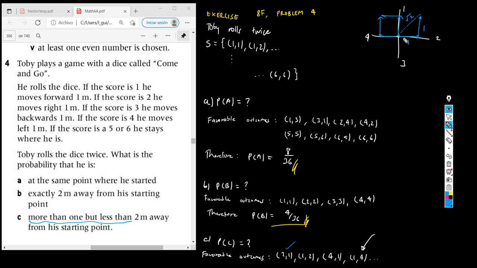So basically you're going to have two possibilities for each quadrant: 2 plus 2 plus 2 plus 2. So how many favorable outcomes do we have? We have 8 favorable outcomes, once again out of 36, thus the probability of C is going to be 8 over 36. And that finishes the problem.